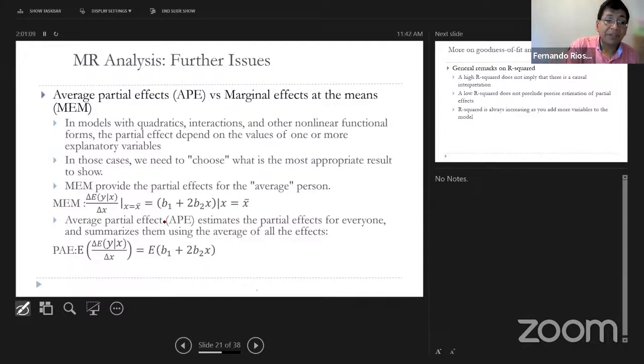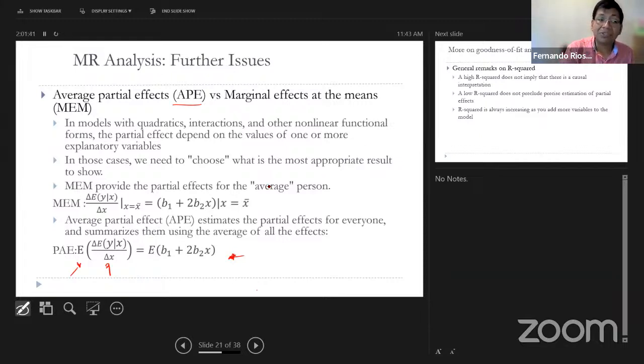The average partial effects, APE, or as I write it here, PAE, is literally telling you that you should estimate the marginal effects for every single person in your sample, and then just average this for everyone. Now, these people suggest that this is the best approach, especially for nonlinear models, because it has a more balanced representation for everyone.